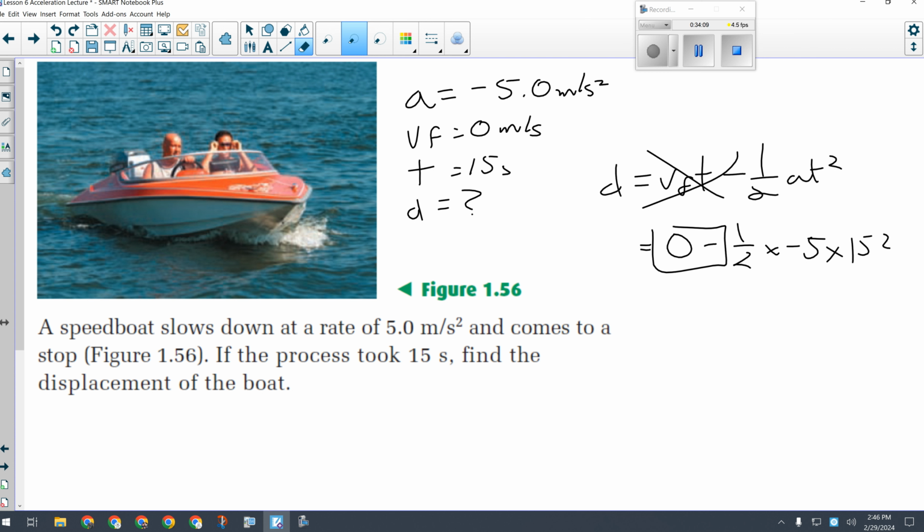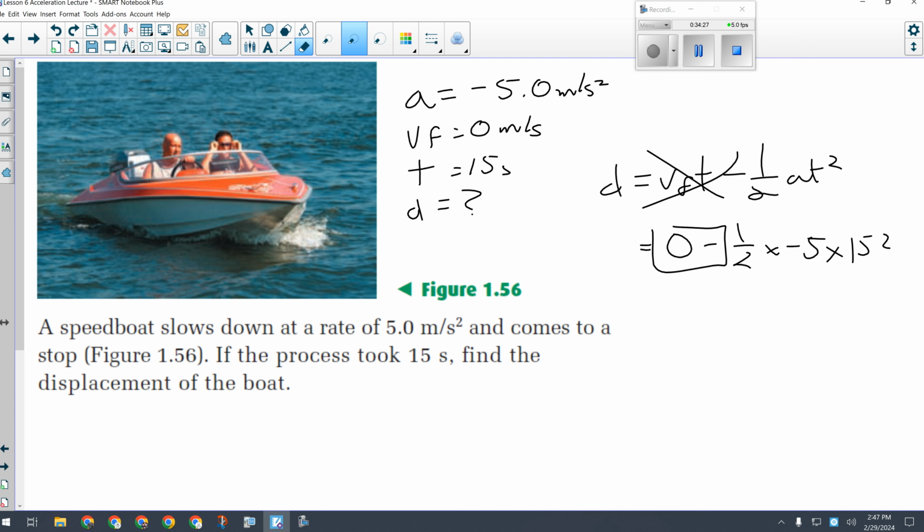Because you're subtracting the second part from the first part, so you need the first part. Right. I need that first part in there. Otherwise, I might just go 1/2 AT squared and forget about the minus that's there, and that will affect my vector. Okay? I'm going to be subtracting a negative number.